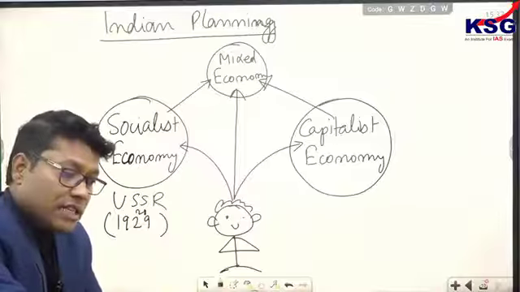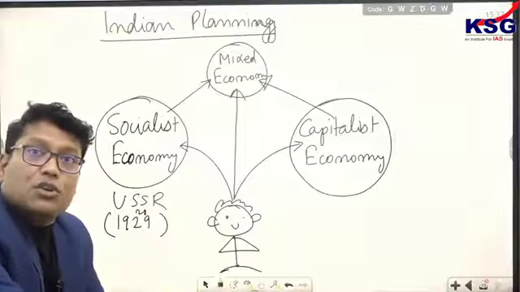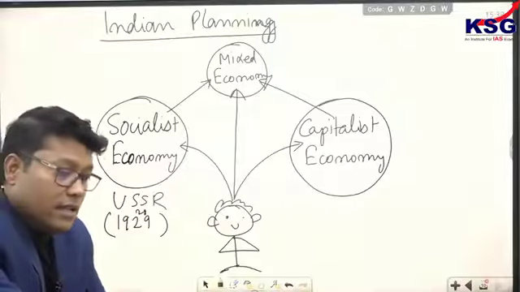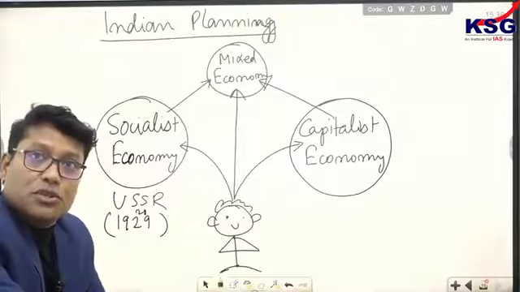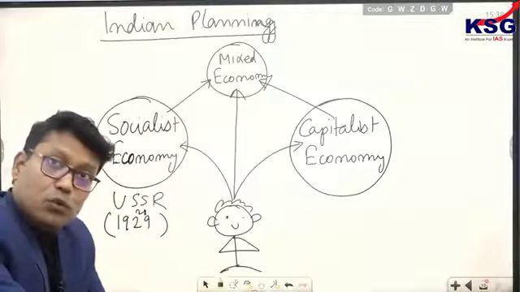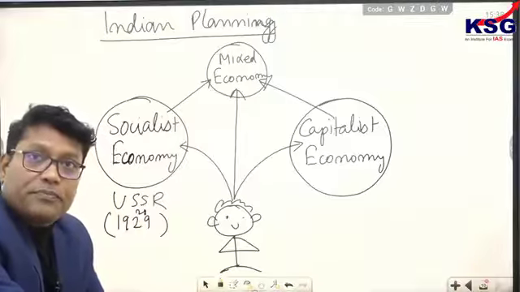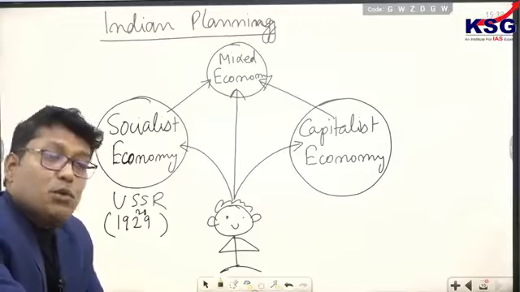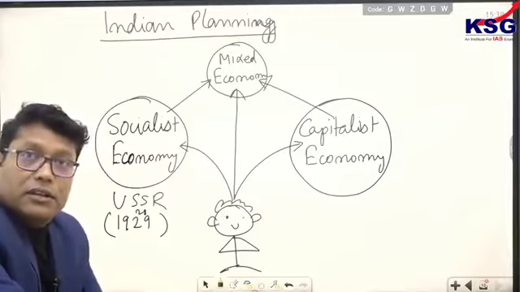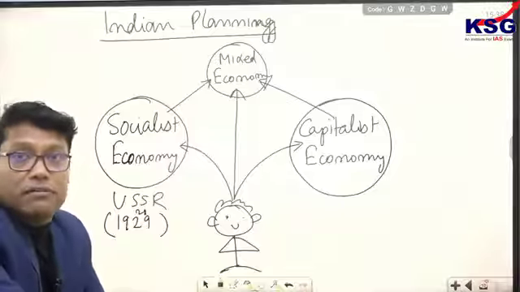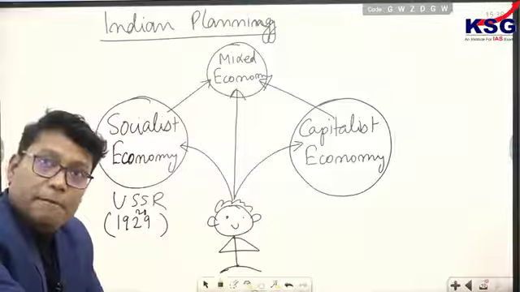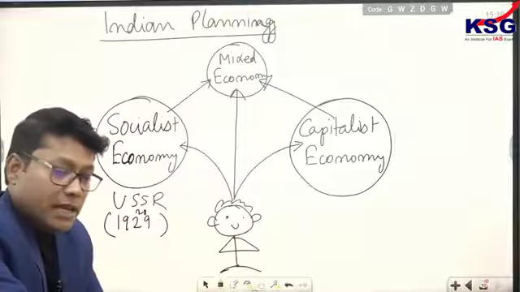One institution is the IBRD, the International Bank for Reconstruction and Development, whose associate is now known as the World Bank. Responsibility was assigned to the World Bank: if any member country faces a development issue, then the World Bank has to help develop it. Clear? That is the IBRD and the World Bank.